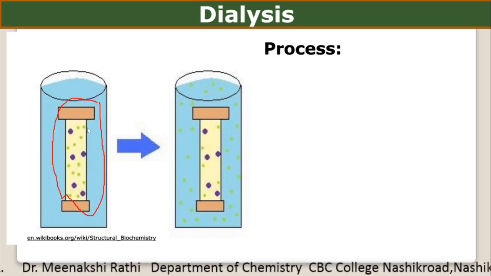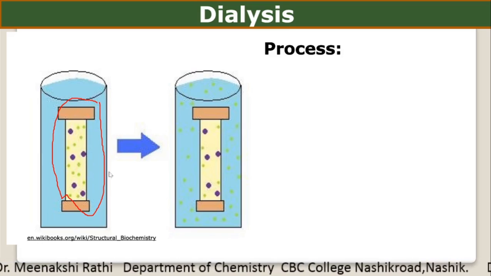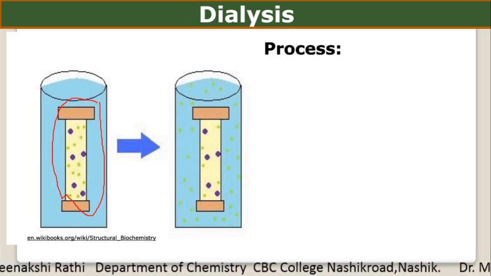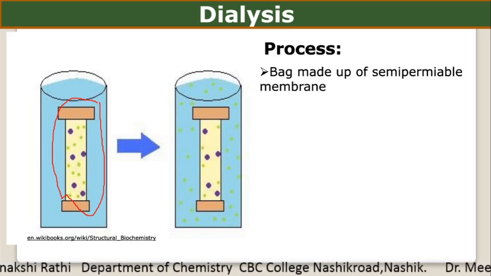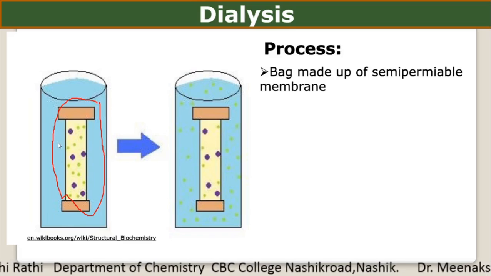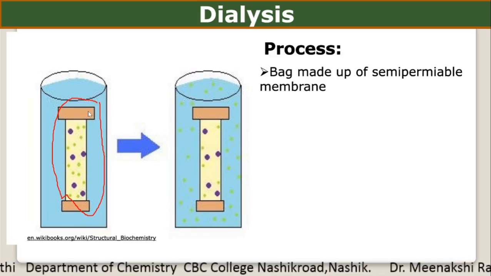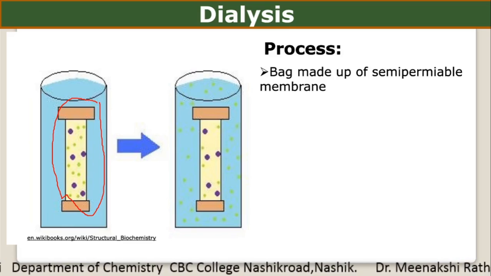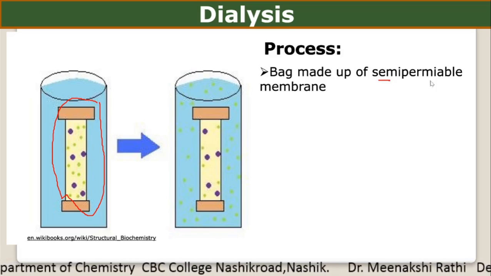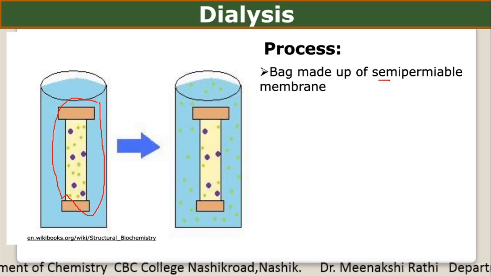And then these molecules are kept in a solvent, or a buffer solution of particular pH, which is also called the dialysate. And this bag in which the solute particles are kept is made up of semi-permeable membrane. Semi-permeable means it allows only particular molecules to pass through it.